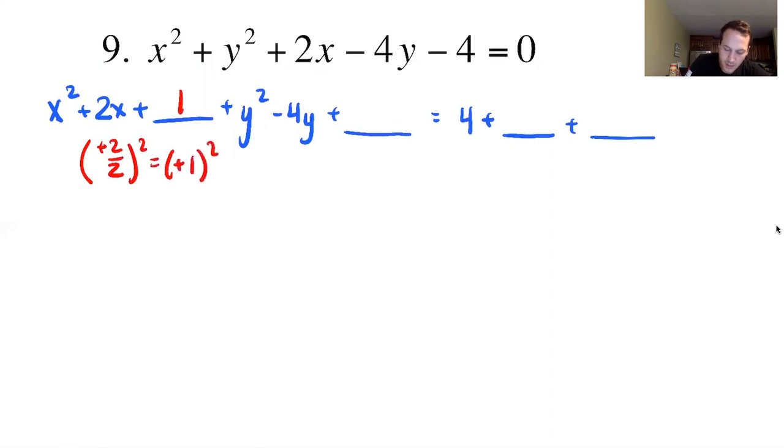We take half of b and square it, and then I do it again for the y's. We try to show this step for a reason.